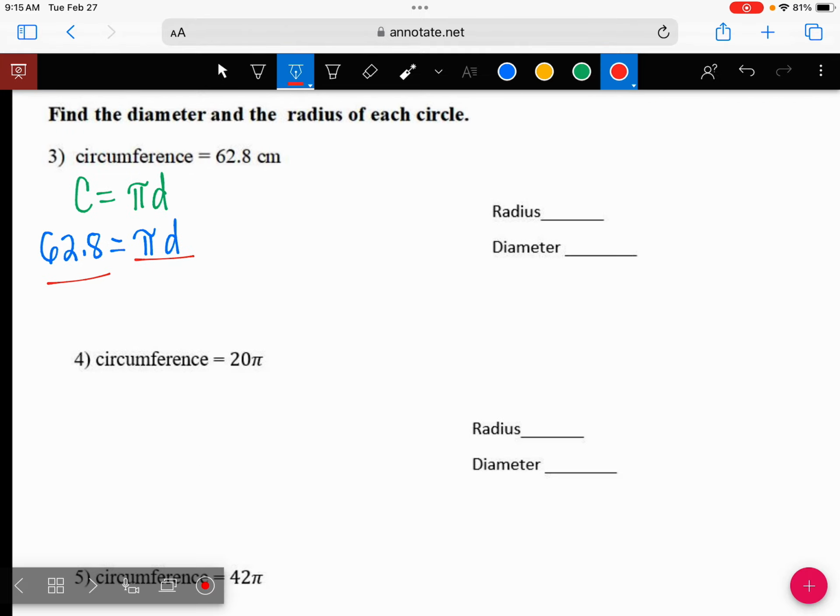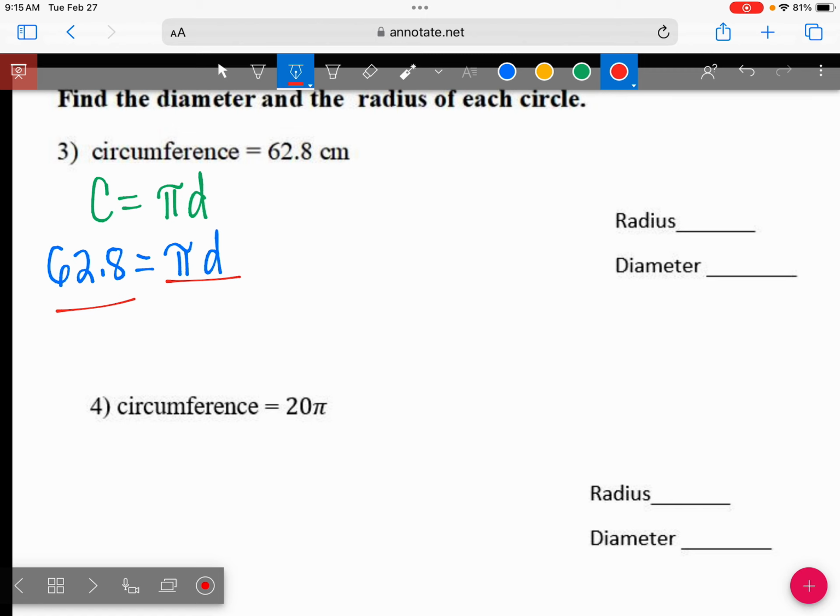So to solve for your diameter, we're going to divide both sides, we're in our yellow note packet, we're going to divide both sides by pi. So in your calculator, I want you to take 62.8 and divide that by pi.